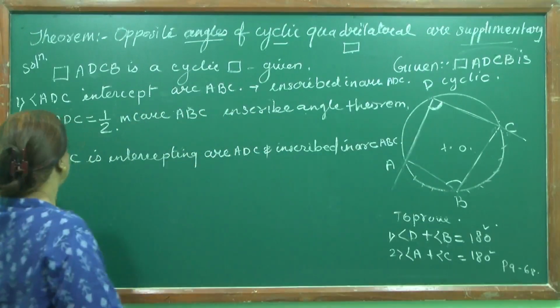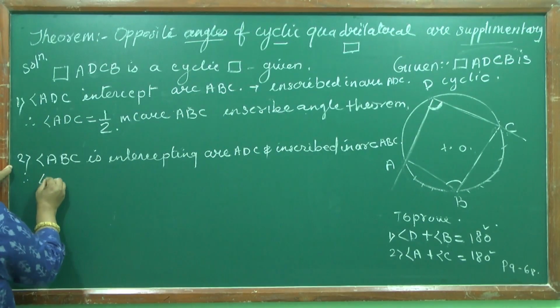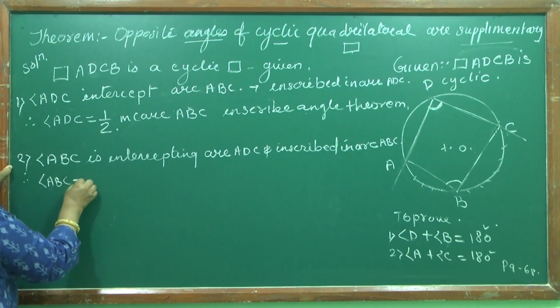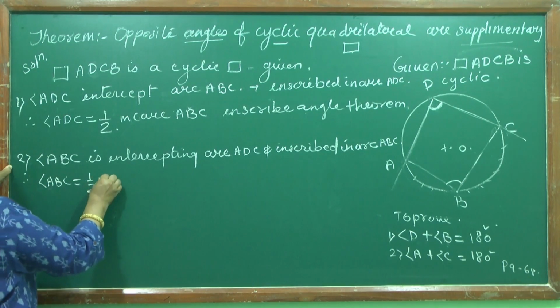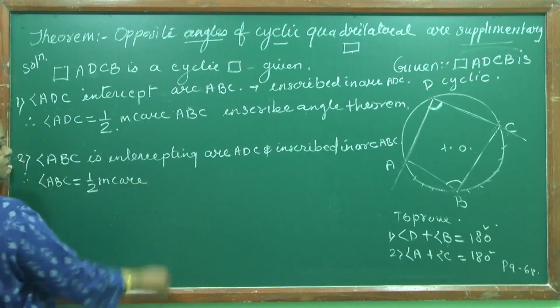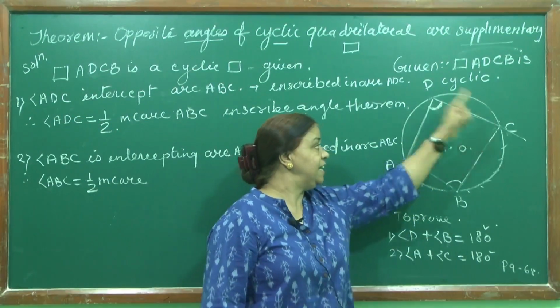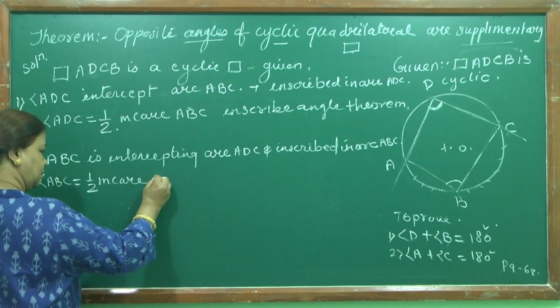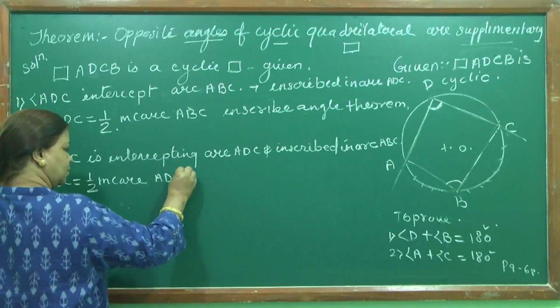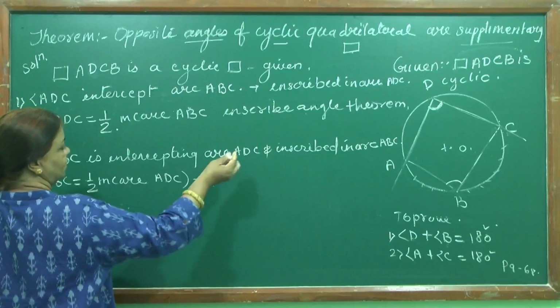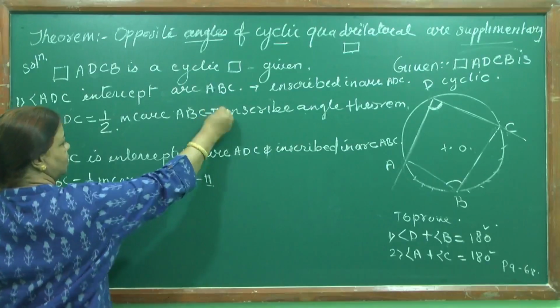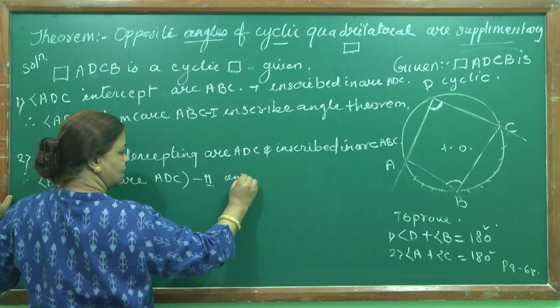Therefore, angle ABC is equal to half of measure arc ADC. This is second and this is first one. This is by what? Inscribed angle theorem.